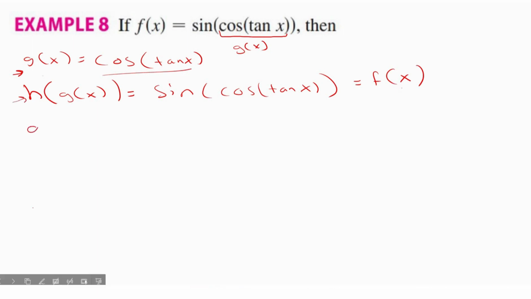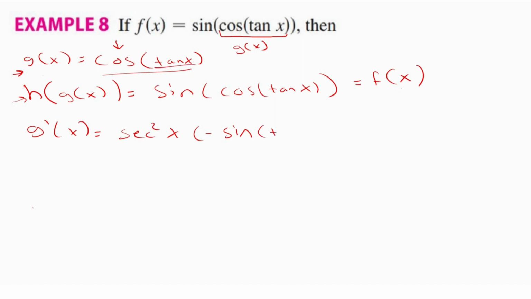So g prime of x is going to be the derivative of the angle, which is secant squared x. So the derivative of tan of x is going to be secant squared of x. And we know that the derivative of cosine of x is going to be negative sine, but this will be at tan of x.